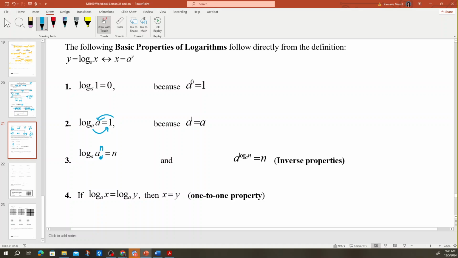If I log base a and my argument is a to the n, the result will be n. A raised to n would have been equal to a to the n. I don't really love the way they converted that. That's an obvious property there.